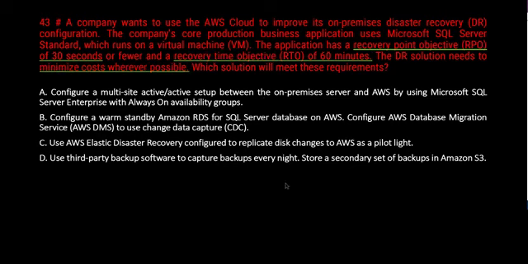Basically, they are looking for DR, but what they are saying is we want a recovery point objective of 30 seconds and a recovery time objective of 60 minutes. So first of all, we need to learn what recovery time objective and recovery point objective are. Let me open a link for you.